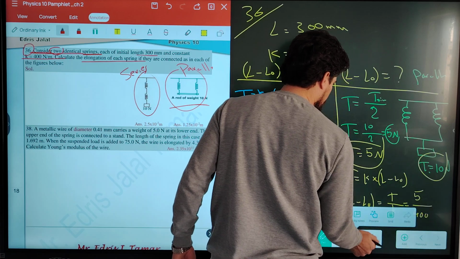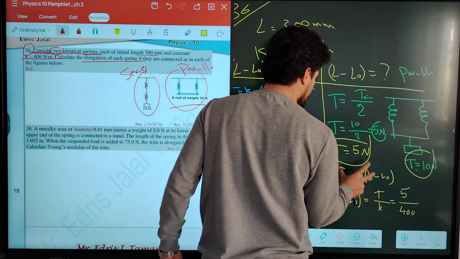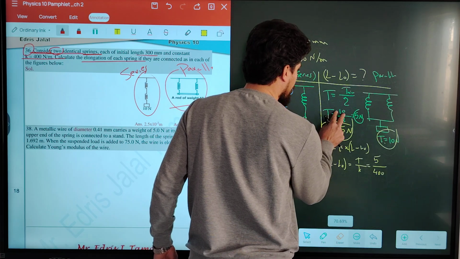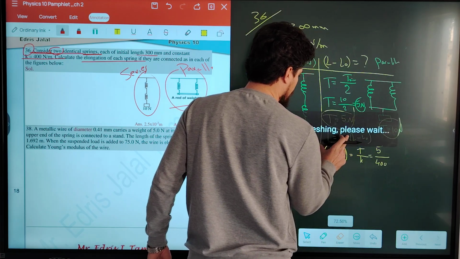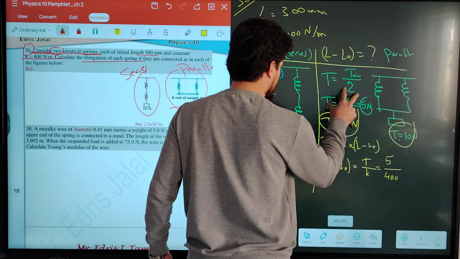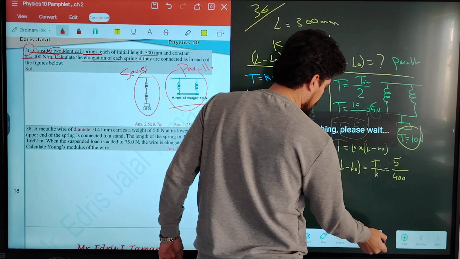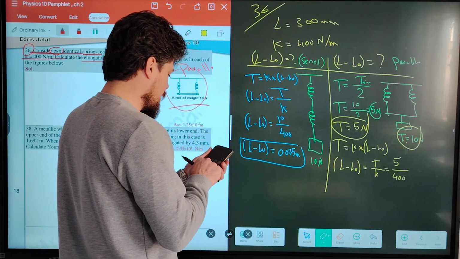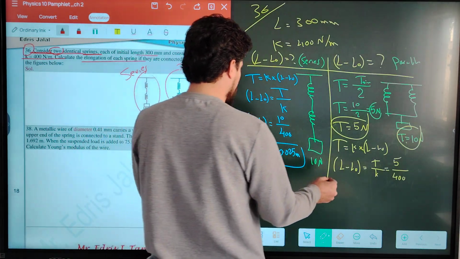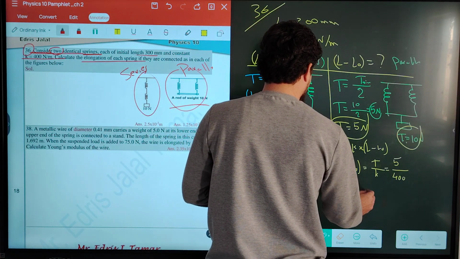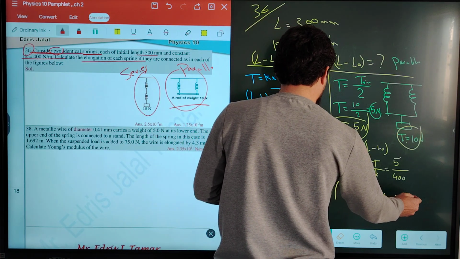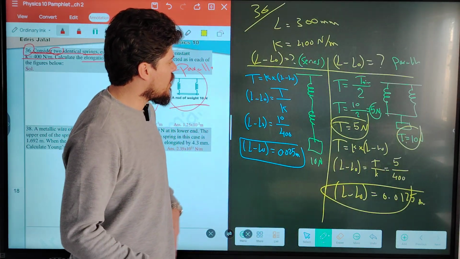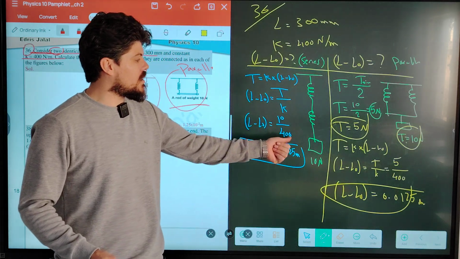Divided by 400. 5 divided by 400 is equal to 0.0125 meter.